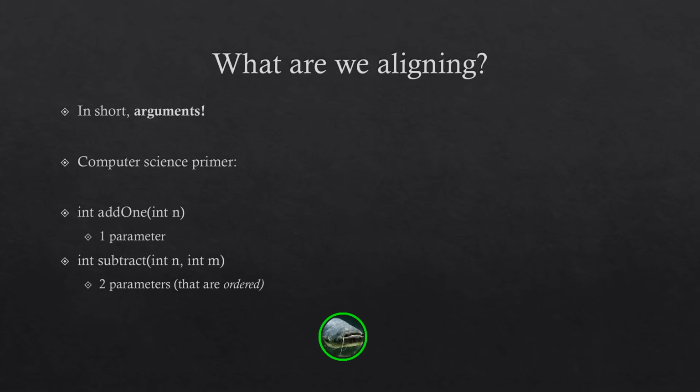I feel like there's a bit of semantics that I never fully internalize as to when we use the word parameter versus argument versus, I feel like there's another word in there. But you could say that add1 has one parameter, it takes an argument, or subtract has two parameters, it takes two arguments.